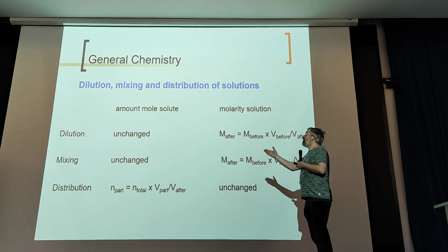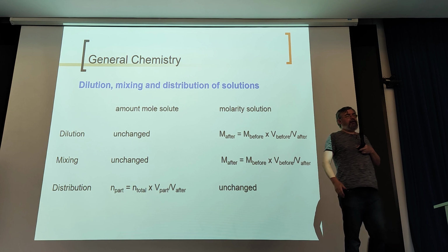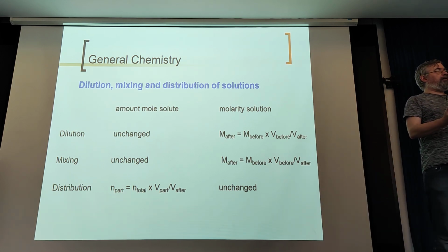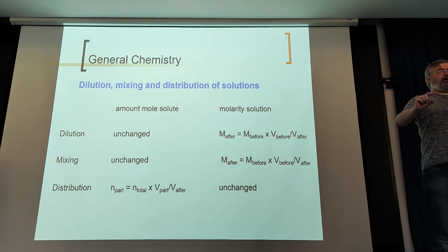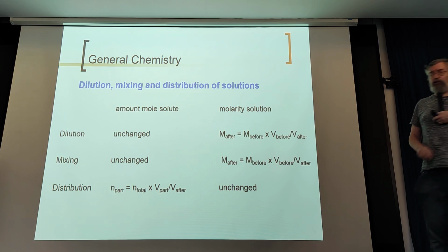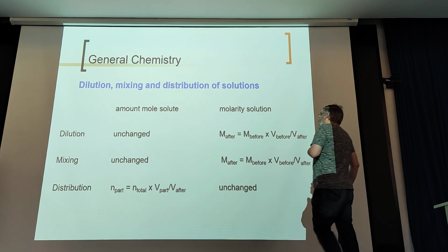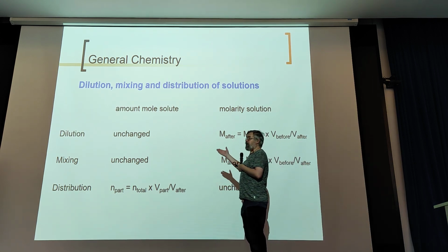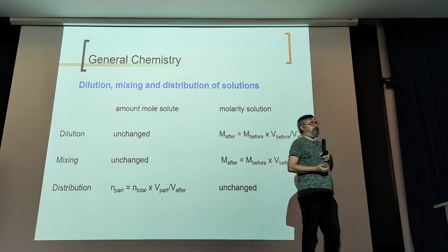Now, if you dilute, you just add solvent. The amount of mole is not changing. So if you take a glass of vodka and you add fruit juice, if you drink it with fruit juice or without, it will have the same effect on your body, because the mole of alcohol has not changed. Mixing it with another solvent is the same thing, it doesn't change.